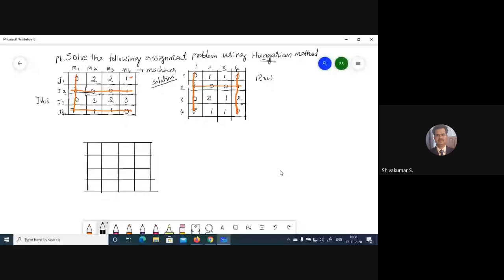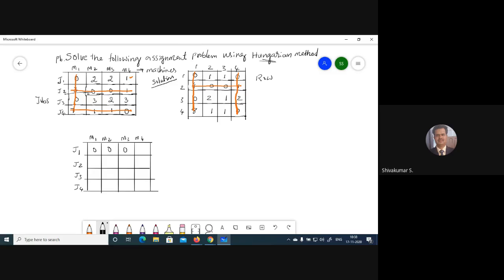Job 1, job 2, job 3, job 4, machine 1, machine 2, machine 3, machine 4. So now I told that I choose the minimum value here. This 0 as it is becomes 0.